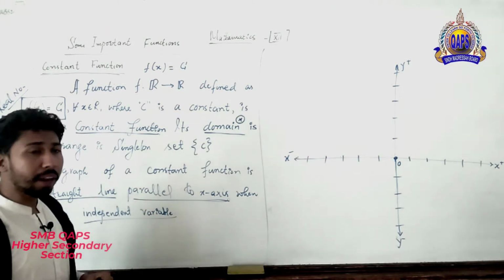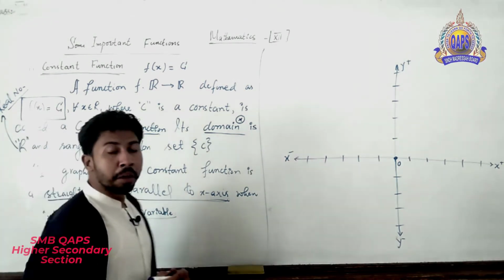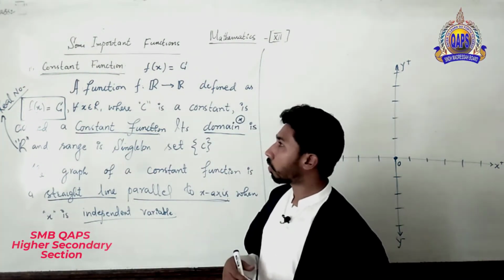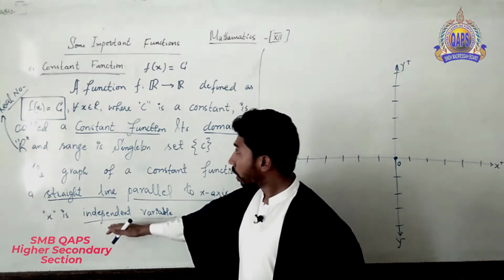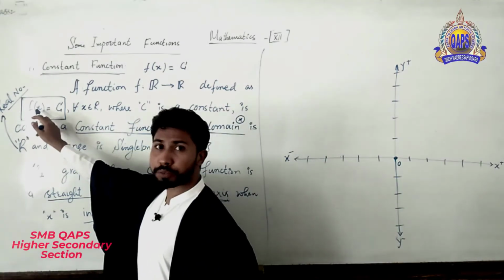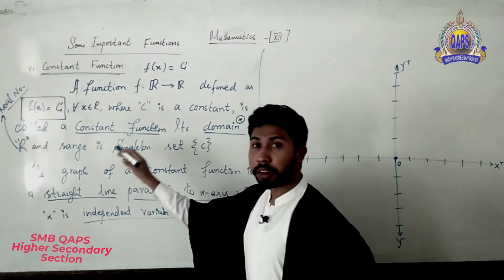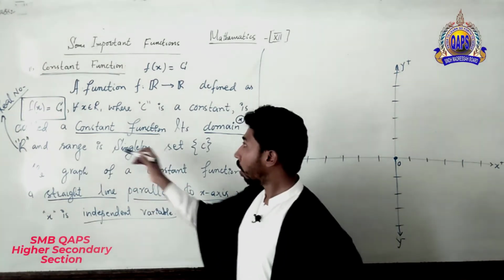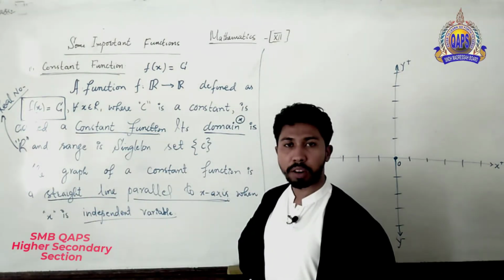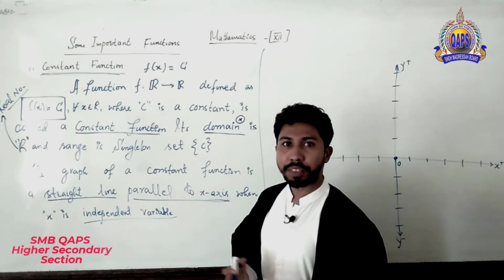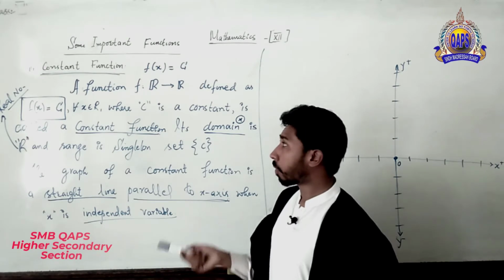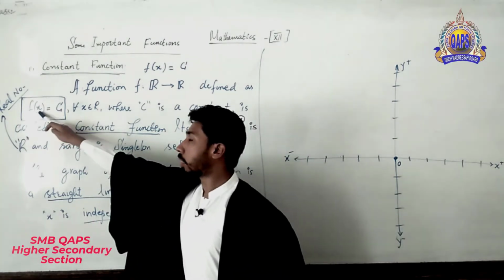What is a dependent variable and what is an independent variable? Independent variables are those variables which we give to the function as an input. Here x represents the input, and x doesn't depend upon another situation. So x is an independent variable because it doesn't depend upon other numbers or variables. The outcome of the function depends upon that x input.